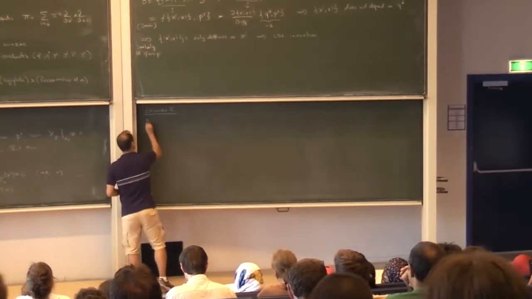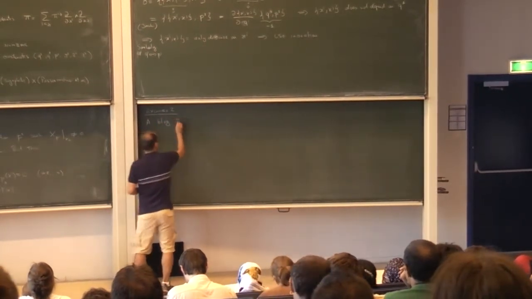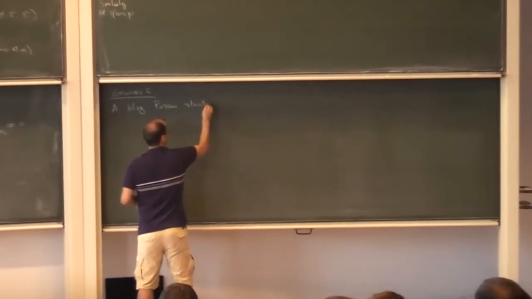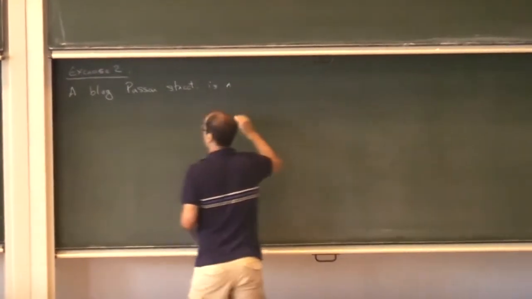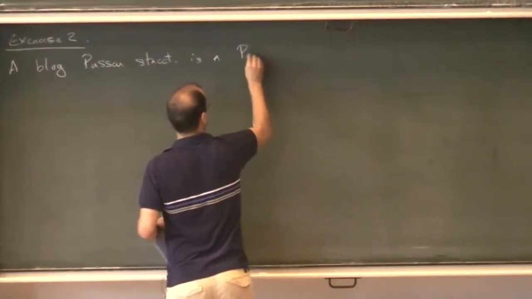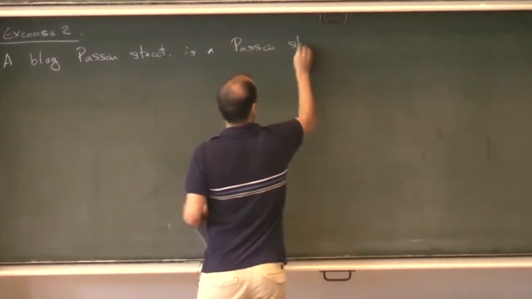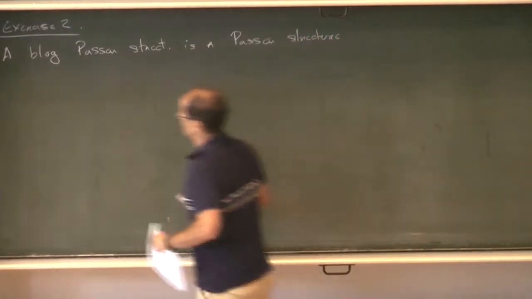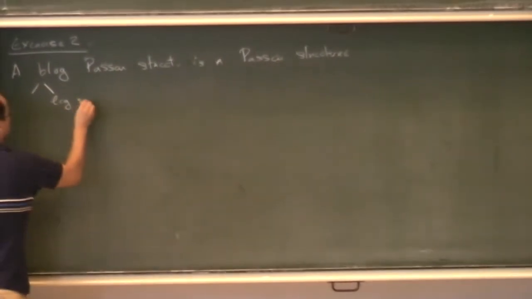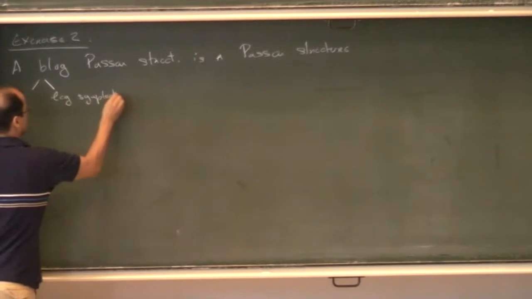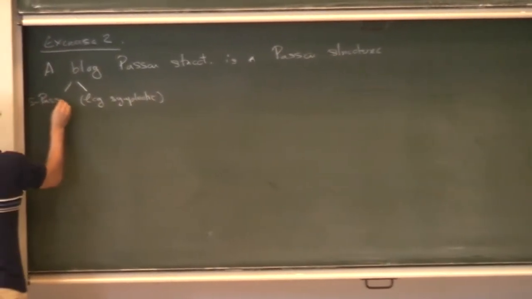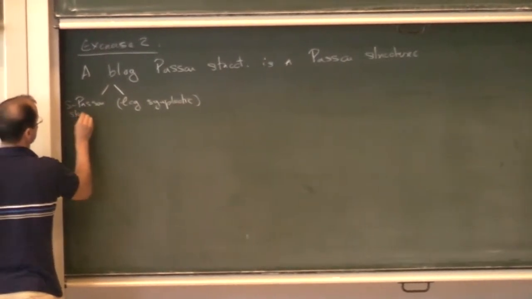So a blog Poisson structure is a Poisson structure, so I should say here, either a log symplectic or a b Poisson structure. That's what you find in the literature.